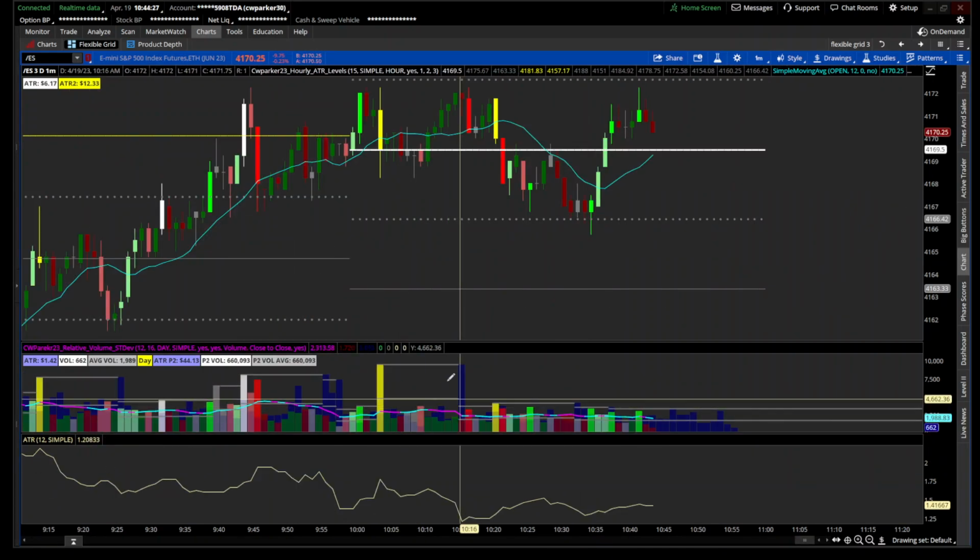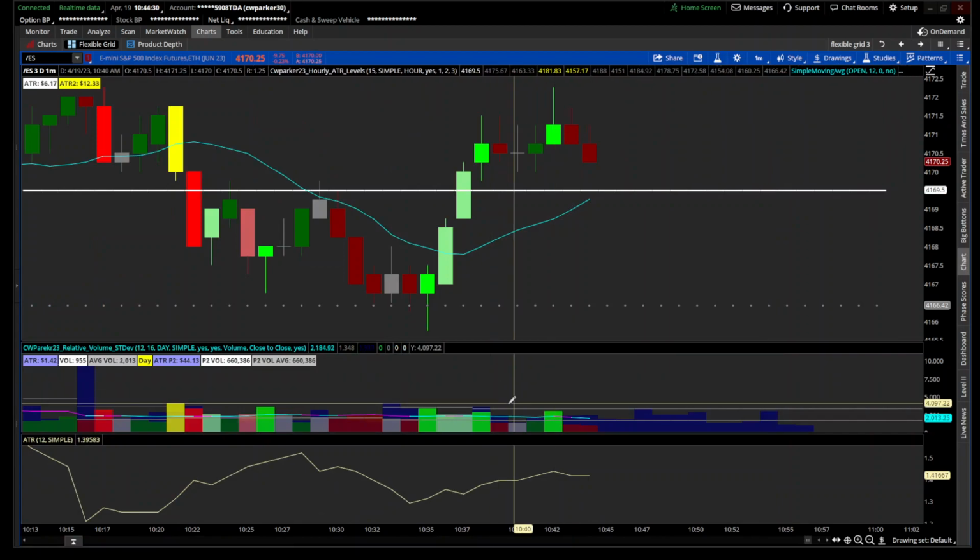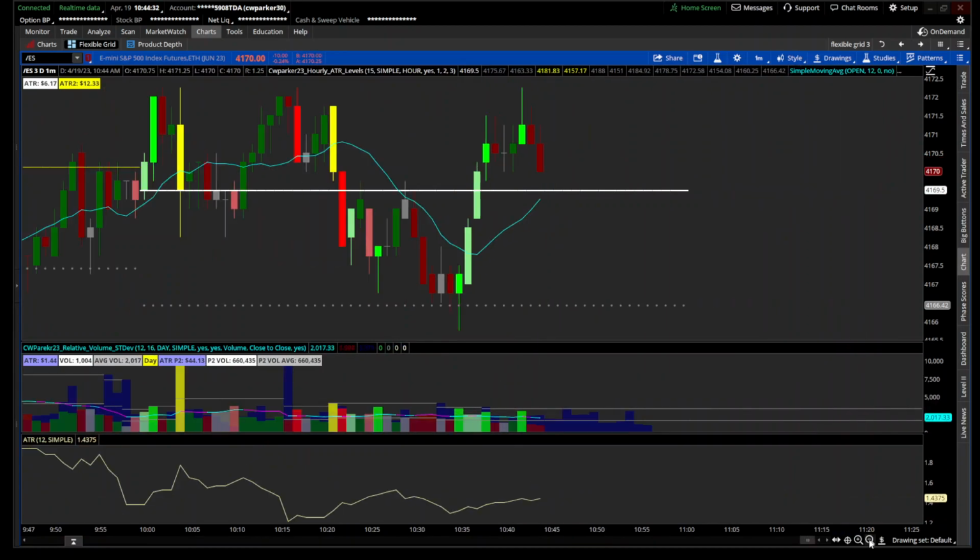And I forgot to look at my average that I'm using for my relative volume. It has changed colors from magenta, or that purple color, to this cyan color. Cyan is just showing you that volatility is increasing, or ATR is increasing on average, and the purple is just showing you that volatility is decreasing on average. And that's basically what we're seeing right here.